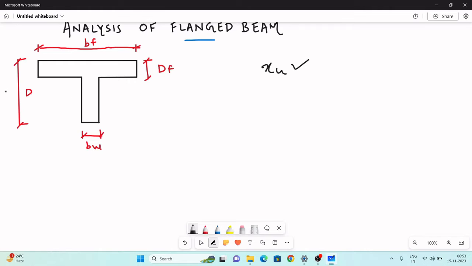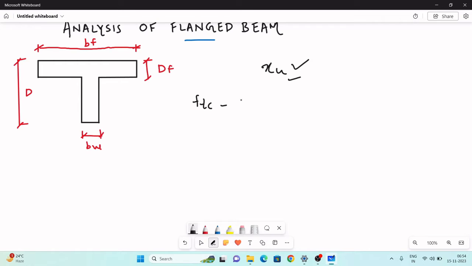If the neutral axis lies in the web, you have a different formula of xu, that is the depth of the neutral axis. So you cannot find the depth of the neutral axis and then indicate where the neutral axis lies. So we have to locate the neutral axis without finding its depth, and we can do that by using two formulas, that is FTC.